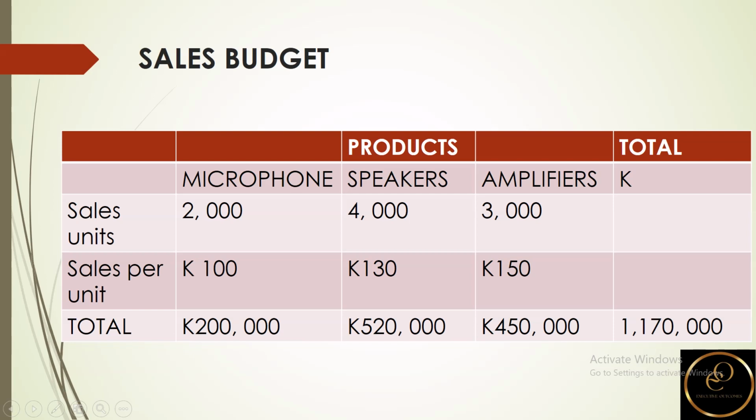So if we add across the totals, we get 1,170,000 Zambian kwacha as the total sales budget. So this is the total revenue we expect to generate in this particular budget period. Okay, so that is the sales budget.